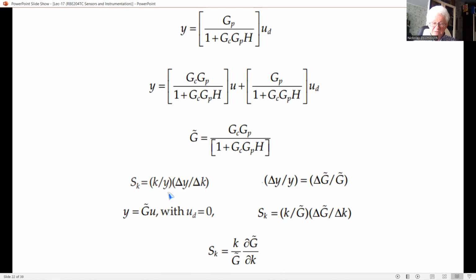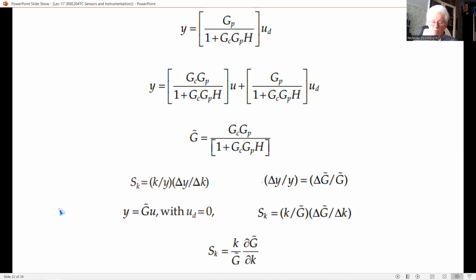S sub K is K over Y times delta Y over delta K. The non-dimensional form of sensitivity is generally suitable because it enables a fair comparison of different sensitivities.